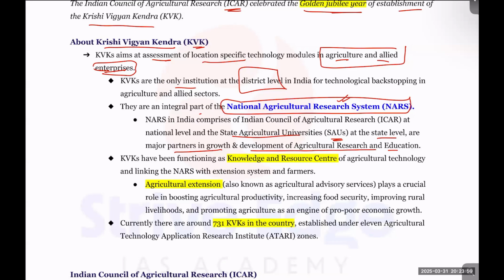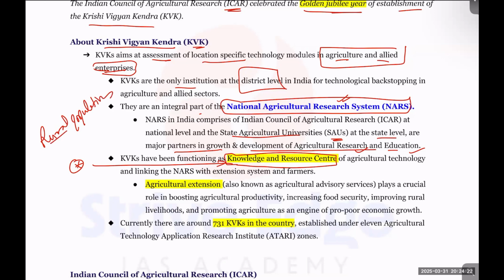So in that sense, these Krishi Vigyan Kendras work for agricultural research and education at national as well as state level. They have been functioning as knowledge and resource centers. This is very important because of the knowledge for the rural population.